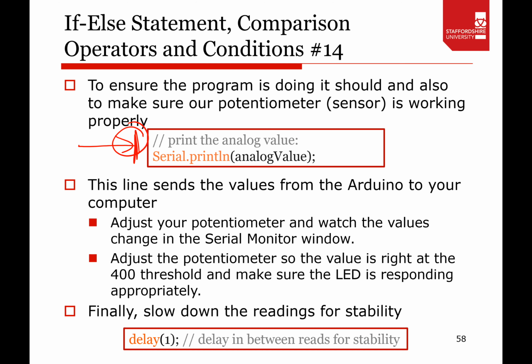You adjust the potentiometer and watch the values change in the serial monitor window. Adjust the potentiometer so the value is right at the threshold, as I did in my demonstration, and make sure that the LED responds appropriately. The last line is to slow down the readings for stability.